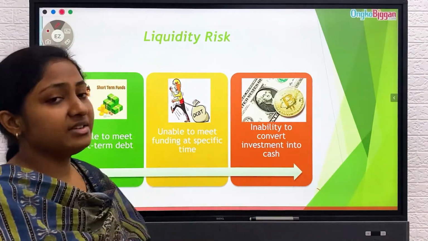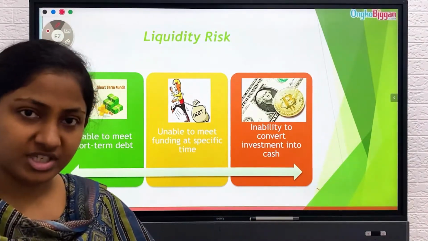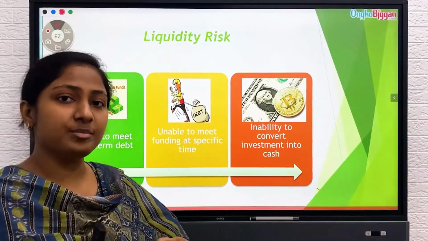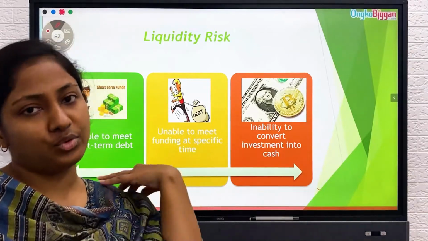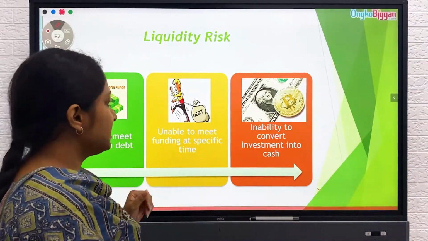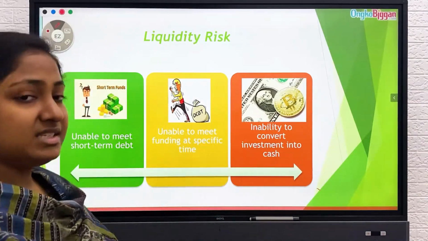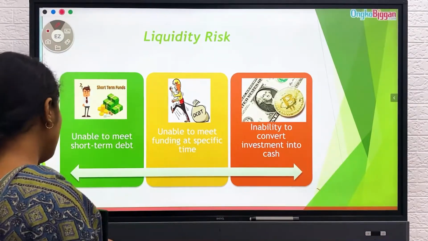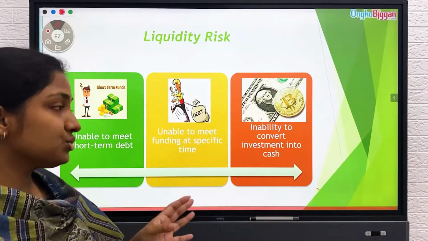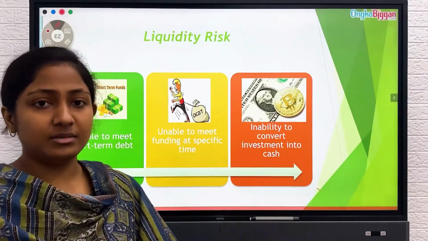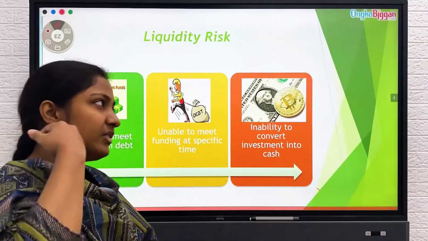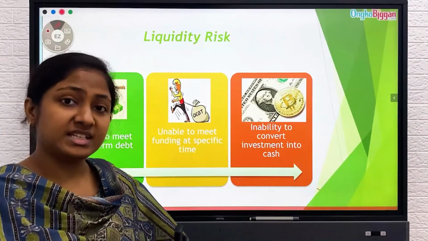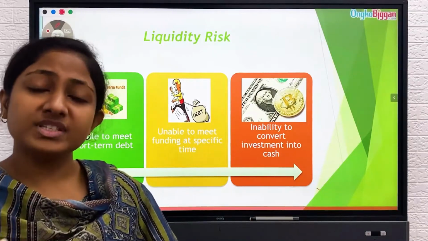This is very risky for the sole proprietorship. It means you own your business and you have to repay or sell your product on your own, and the partnership business. These types of business are at risk when they face this type of liquidity risk. Why are they very risky? Because they cannot sell their fixed asset immediately at a reasonable price.